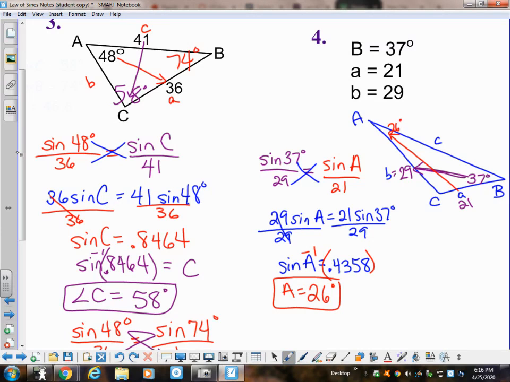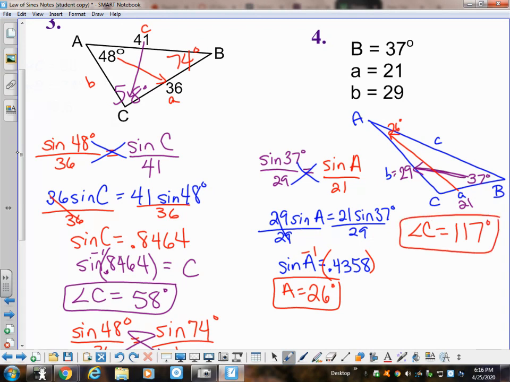All right, now to get angle C, I can take 180 minus 37 minus 26, and I get 117 degrees.